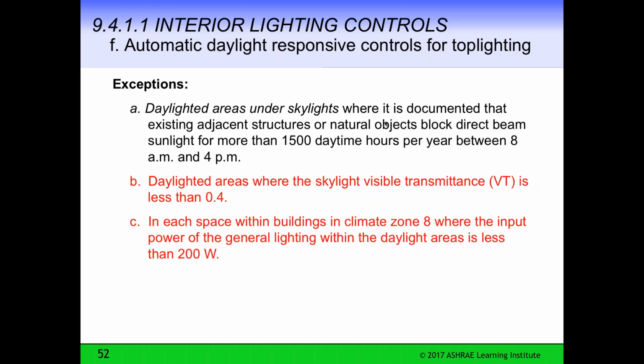And then a third one, each space within buildings in climate zone 8, that's in Alaska, where the input power of the general lighting within the daylight area is less than 200 watts. So the exceptions are pretty minimal.